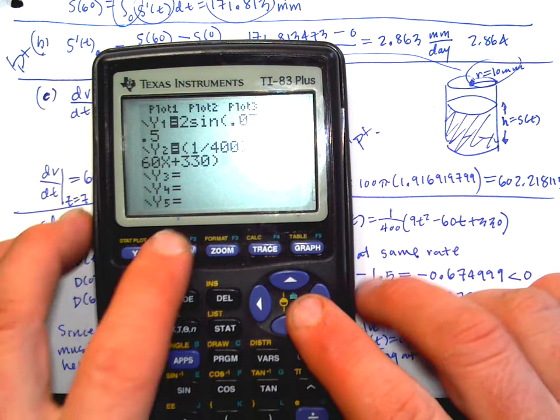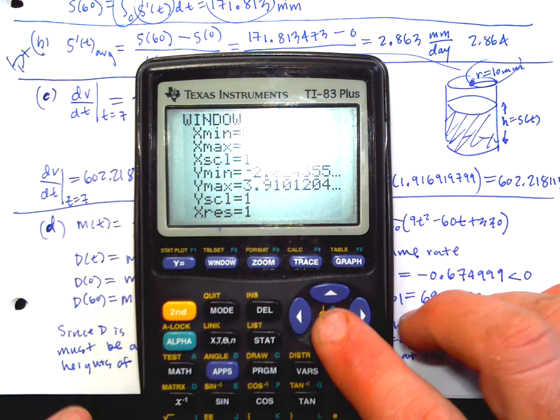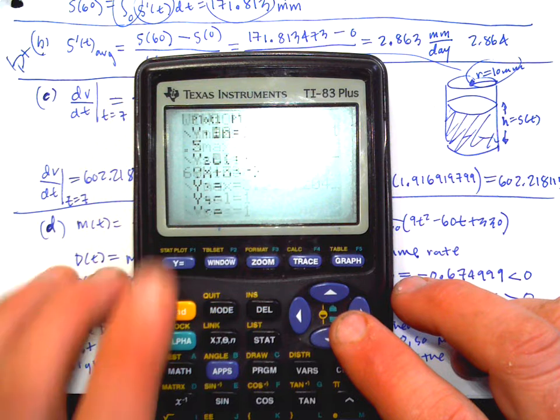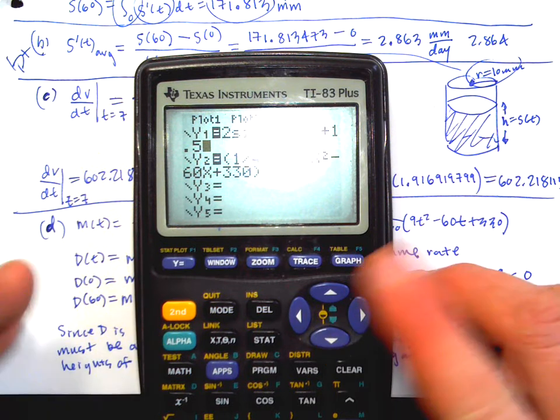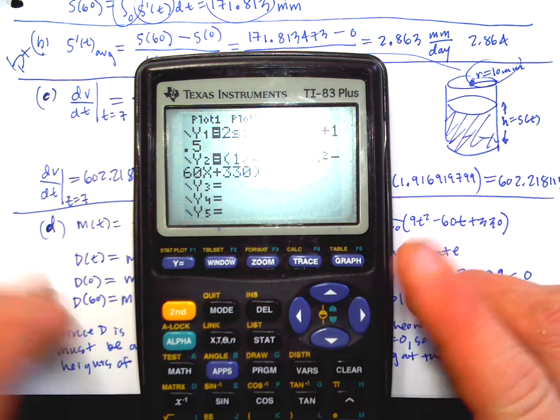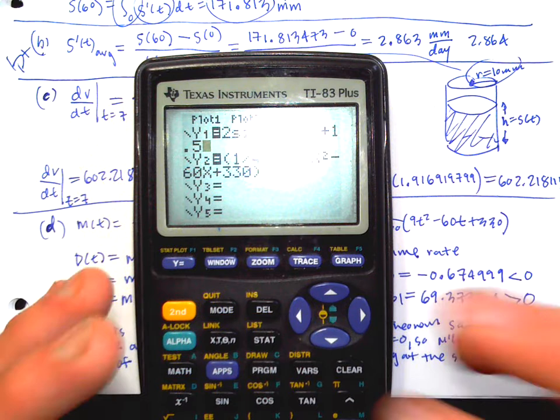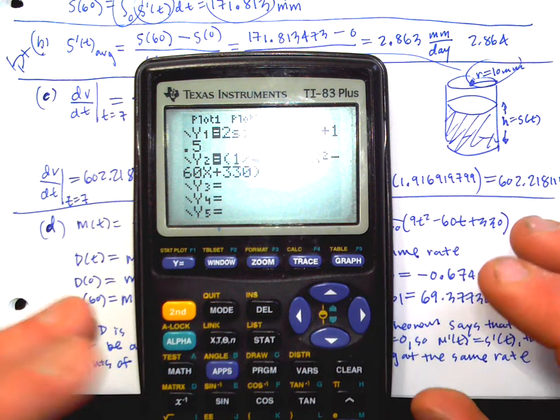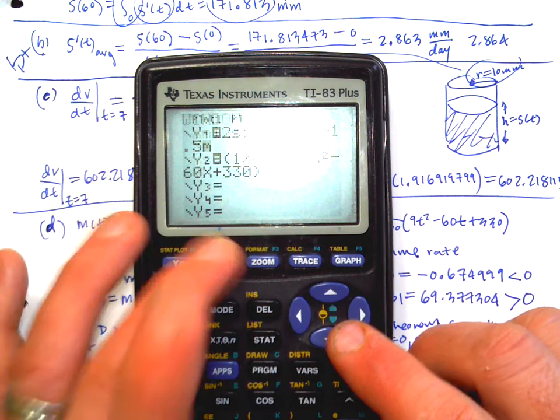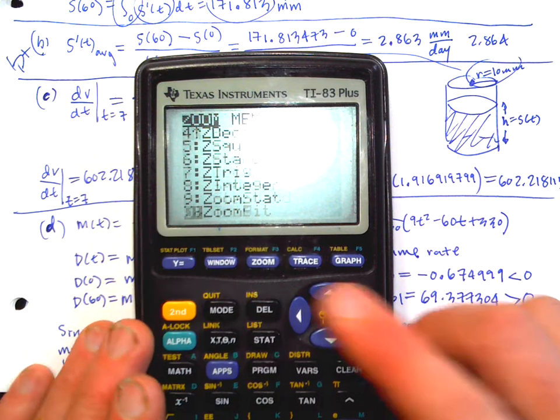We go to window and go 0 to 60. I'm going to go back to the y here, and we could figure out where they cross by graphing both of them, or we could make a new equation, one subtract the other, and figure out where its x-intercepts are. But we go to window, we go zoom fit.